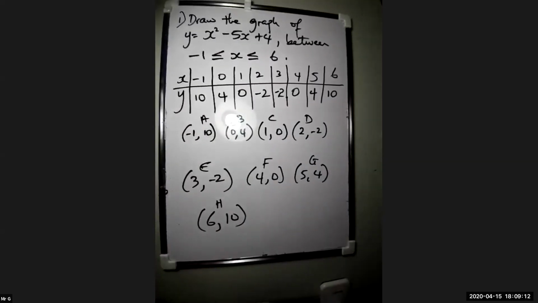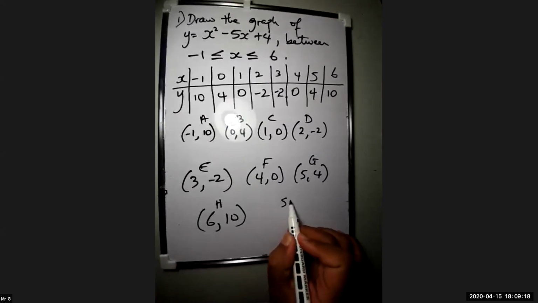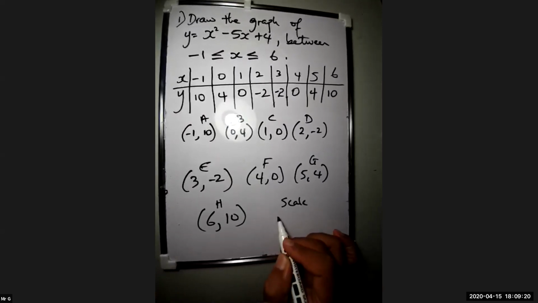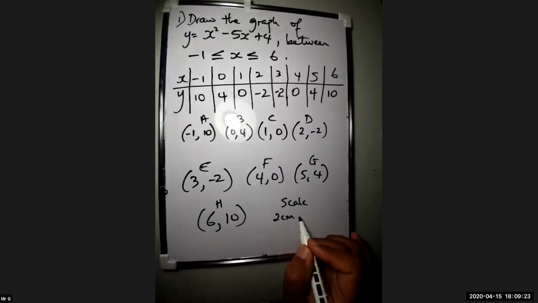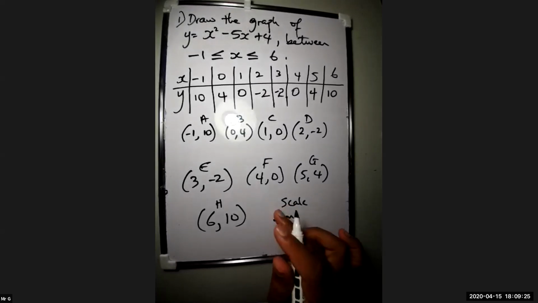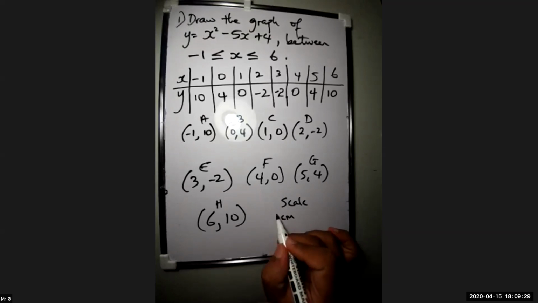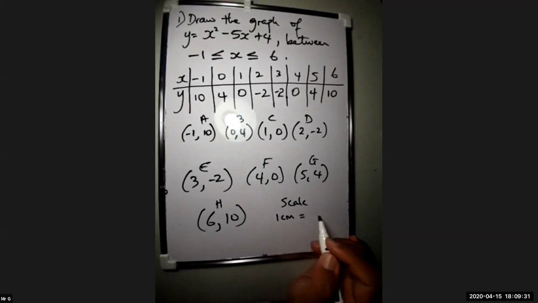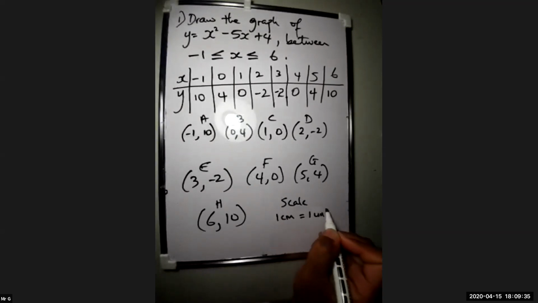So this could help us to determine our scale. We can use 2 cm. Now we can't use 2 cm because the graph paper might be too small. So we can say 1 centimeter equals 1 unit, right?